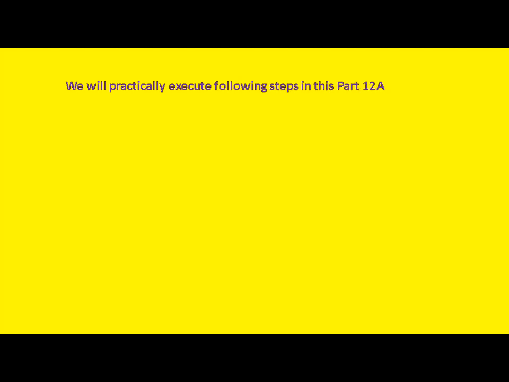As I said, we will be practically executing the following steps in our part 12a video. What we are actually doing in this video: VMware vSphere 8.x infra updates and services.